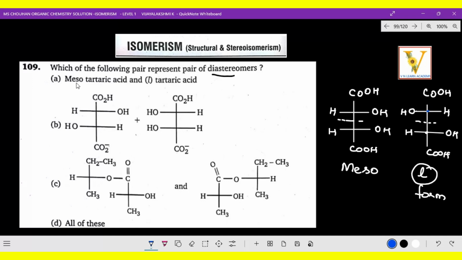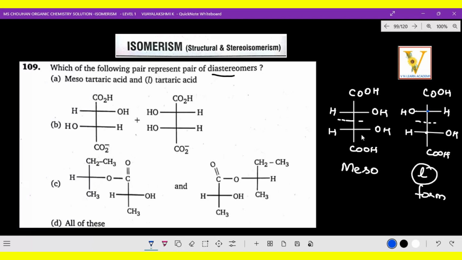First, option A, mesotartaric acid and L-tartaric acid. They have given the name of that compound, but the others are also the same; only the arrangement is different. First one, mesotartaric acid: COOH, CHOH, CHOH, COOH.